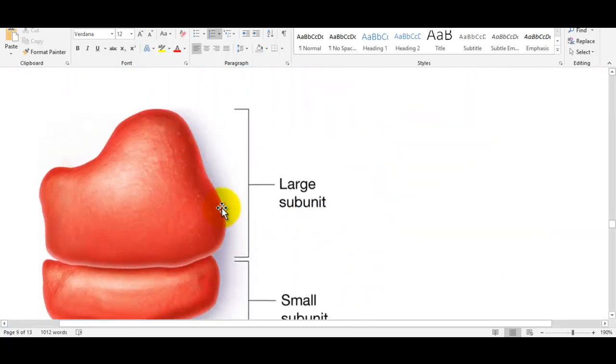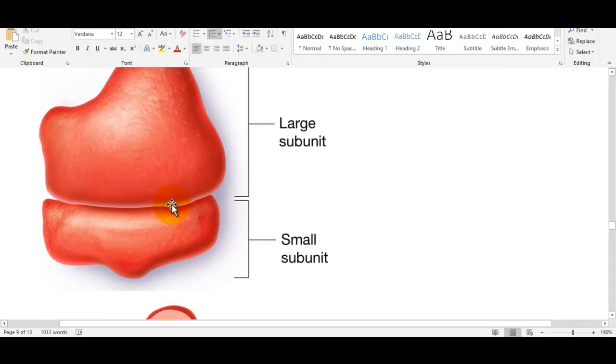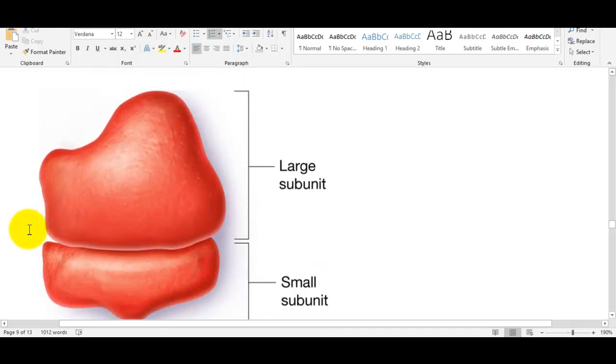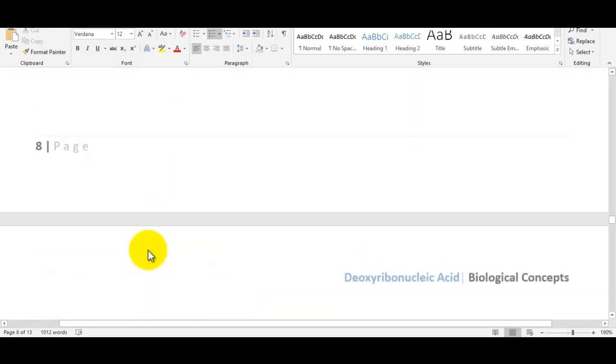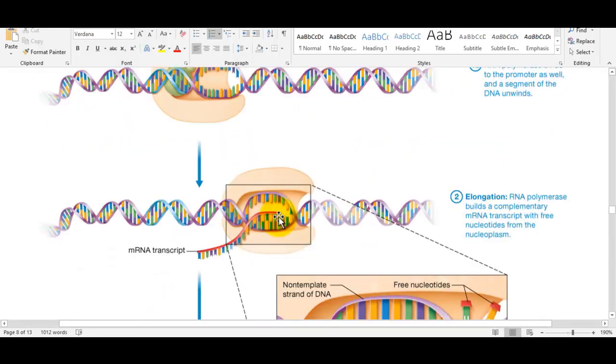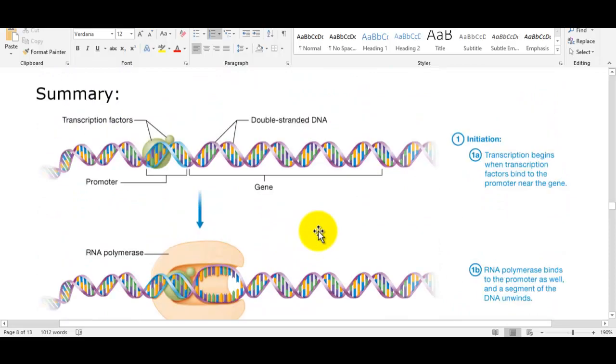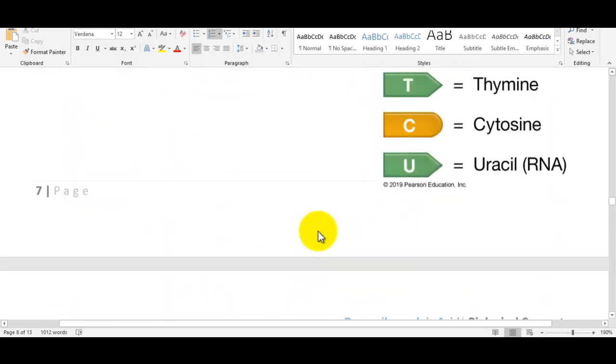If you blow up a ribosome, that's what it looks like. This little section through here is where it reads the genetic code, and ribosomes, with help of course, synthesize proteins. Remember, protein synthesis was their function.